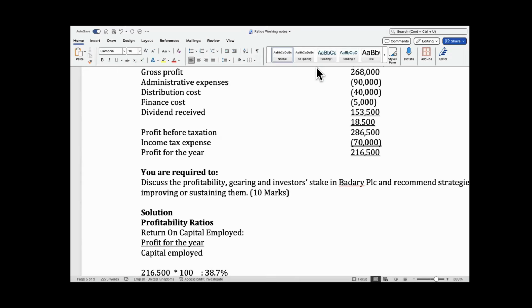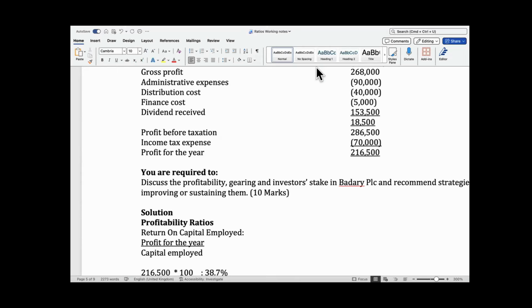Make sure you use equity, just equity, because you can only use equity plus debt as capital employed if the profit you are using is profit before interest and tax, which is profit from operations.